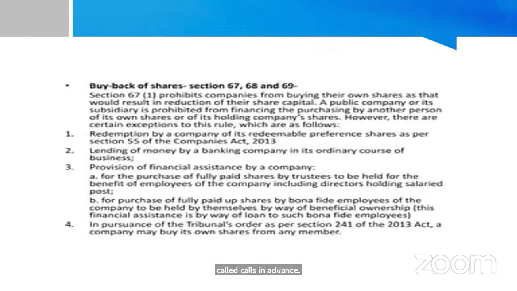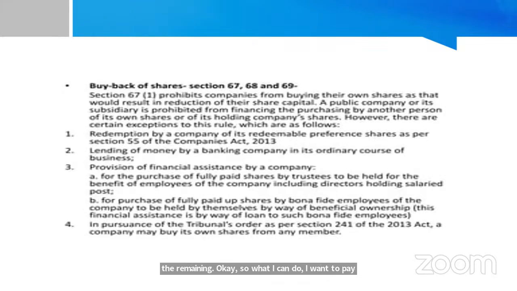Once again, I'll tell you. Supposing I am holding a share where the total amount due is 8,000. Till allotment, I have paid 4,000. Another 4,000 is remaining. So I want to pay off that 4,000.